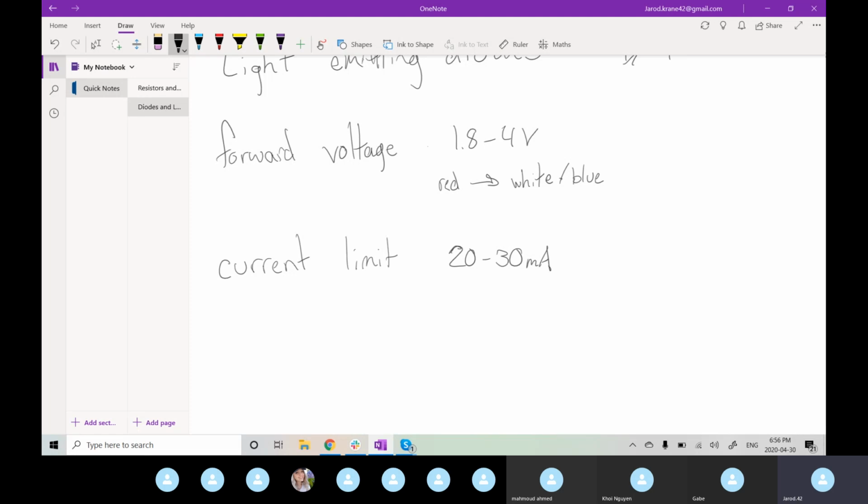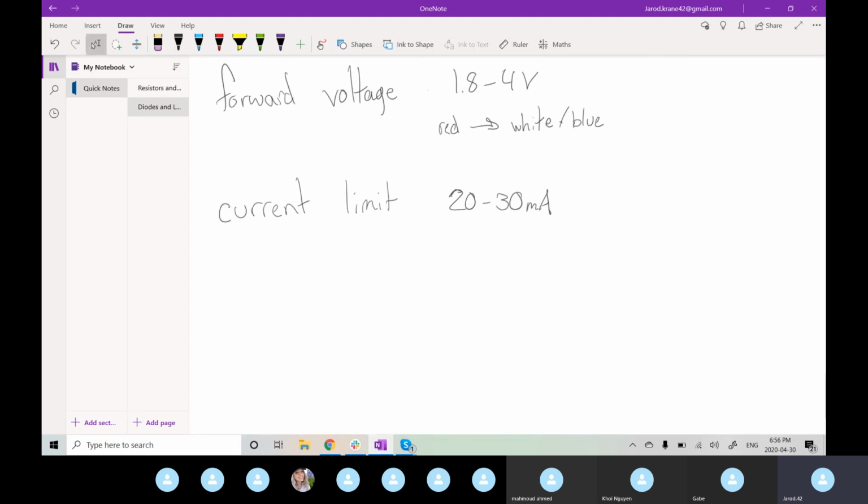So unlike a diode where once you get past that voltage, it is freely allowed to just allow current flow through, with an LED, you have to have some form of current limiting in your system to not exceed these current limits.